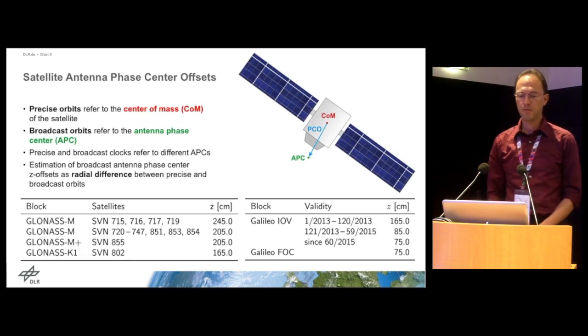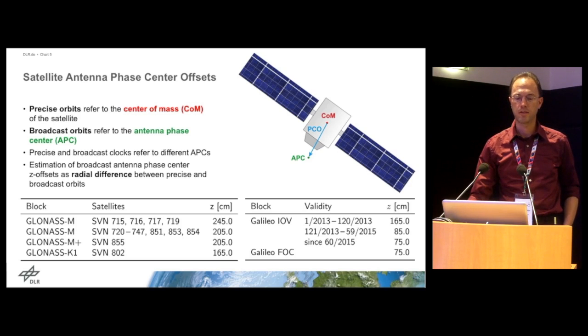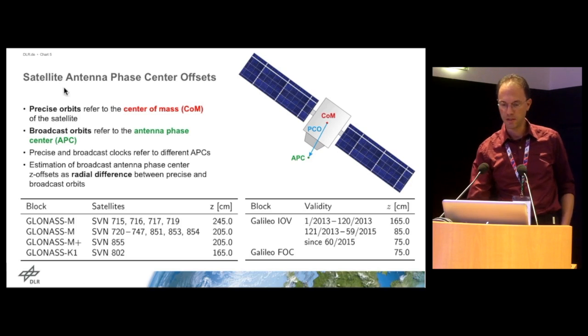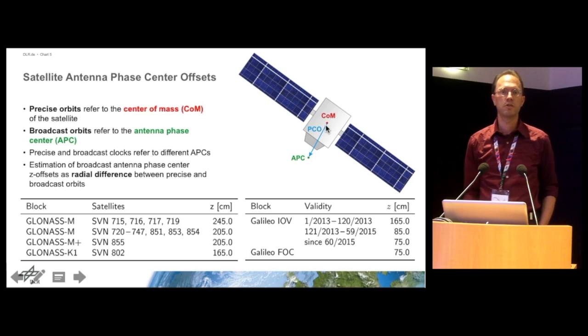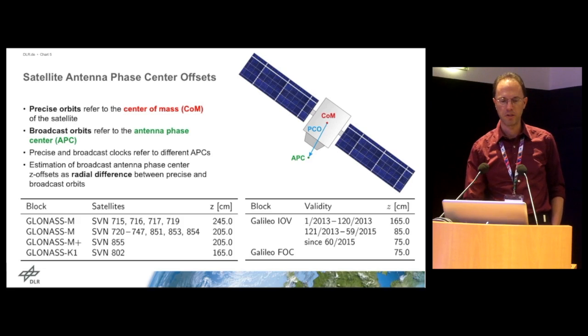The basic difference between precise and broadcast orbits is the reference point. The precise orbits refer to the center of mass, the broadcast orbits to the antenna phase center. So we need the phase center offset, the PCO, but this is of course not the one that the IGS usually uses for the generation of its precise product, but it's the one that is also used in the generation of the broadcast ephemeris.